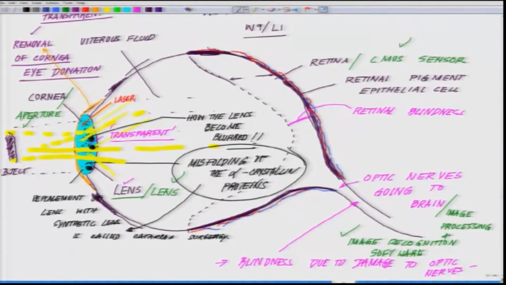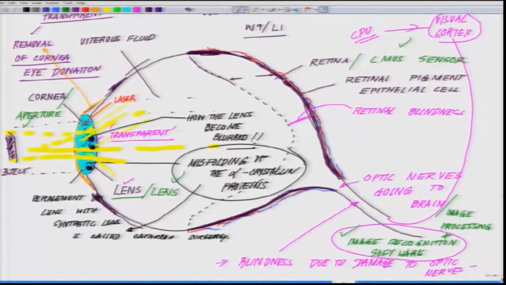Then you have damage which happens, there are 3 levels I told you, at the cortex, visual cortex, where your central processing unit, CPU, the real image recognition software where it is sitting, is damaged.